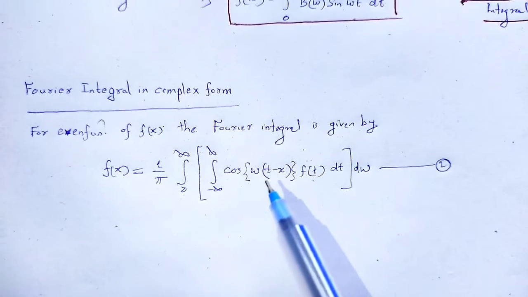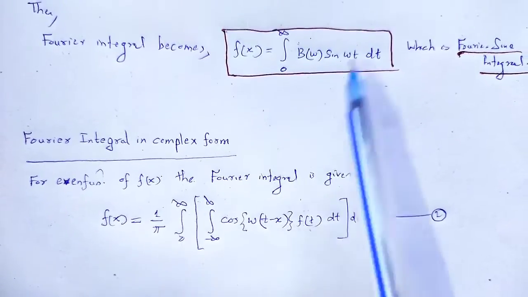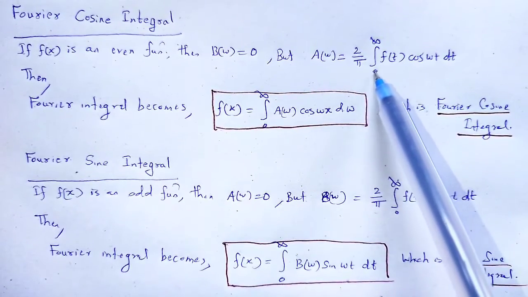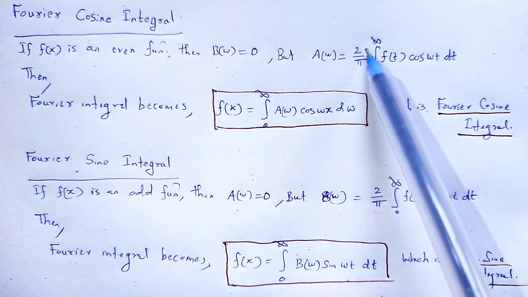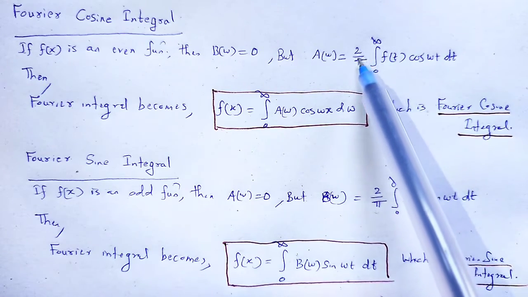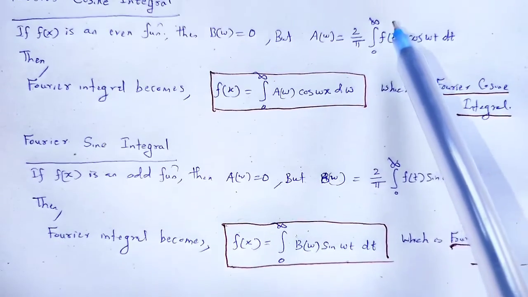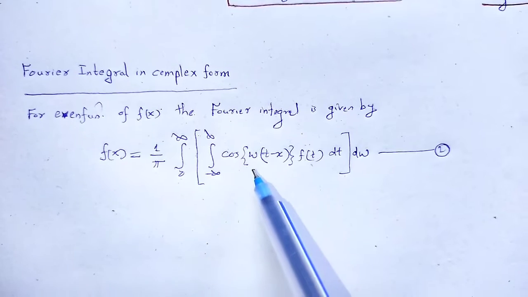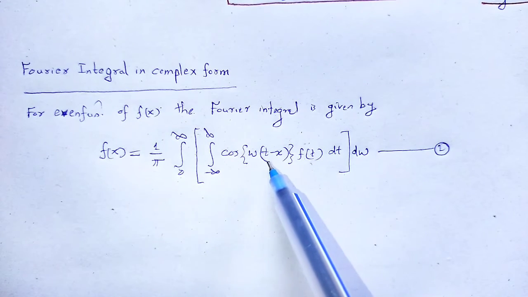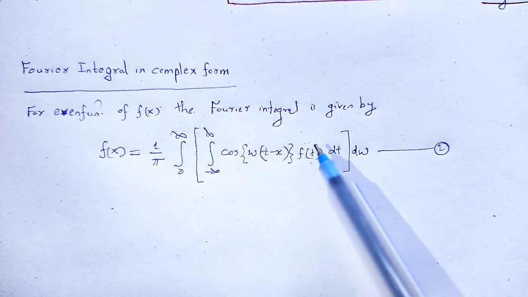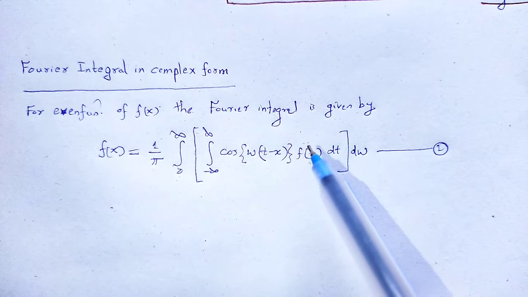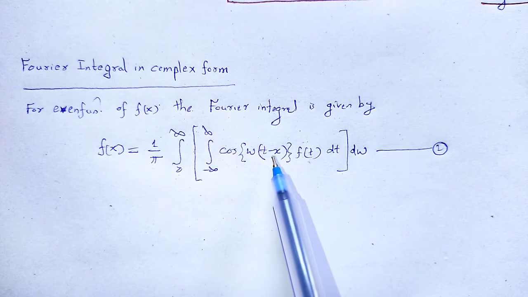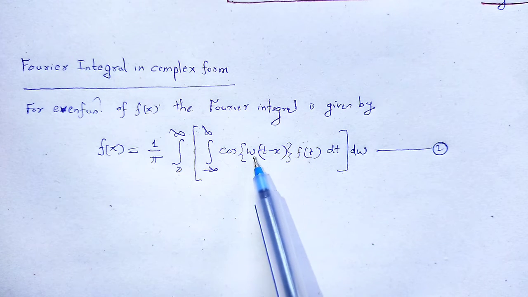Here we use the value of a omega, taking the limit minus infinity to plus infinity, so that the 2 is omitted. So it will be 1 by pi integral from minus infinity to plus infinity f of t cos omega t dt. Here we use a substitution, omega of t minus x, as cos of omega of t minus x is an even function of omega.